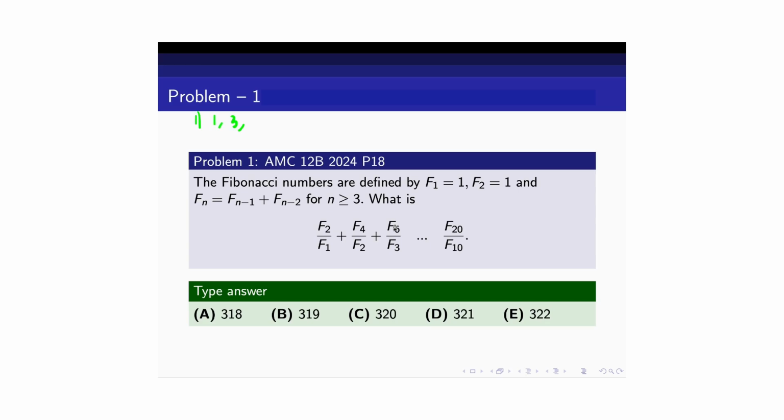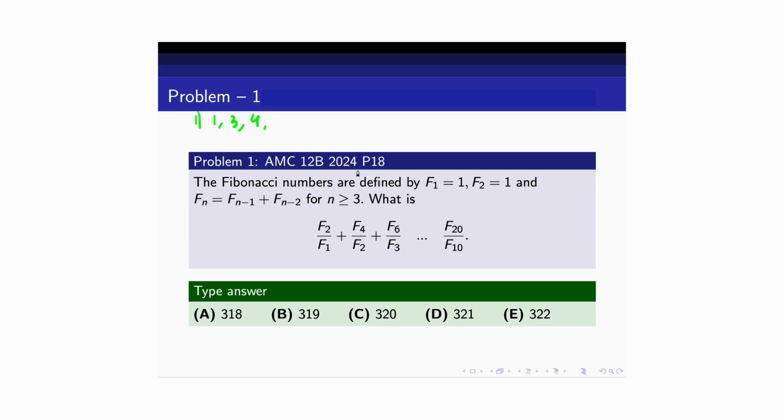And then f6, which is 3 plus 2, 5, 5 plus 3 is 8. 8 divided by f3, which is 2, is 4. Now for f8, we can actually do the simpler version.